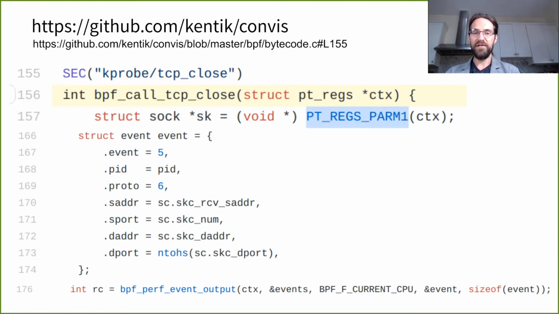When you instrument TCP close, you get a struct sock, which is basically a pointer right to everything that the kernel knows about that connection. And then we simply turn it into one of our custom events. We have source address, dest address, source port, dest port, remember N to H, that's network byte order. We just stick in our custom event ID, and protocol is 6 because it's always going to be TCP. Lastly, we simply tell it to go right back out to our reporter with our event output.